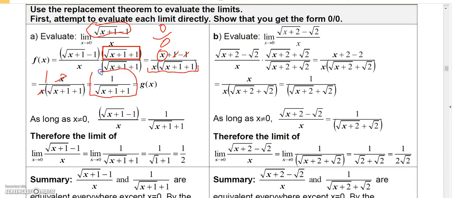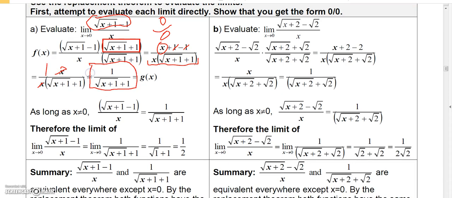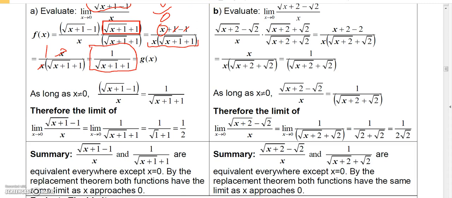So that would be my replacement function. Remember, I wanted to find the limit of this function as x approaches 0, but I saw that I could replace that limit with this function as x approaches 0, and now I can evaluate the limit of this function directly by just letting x be 0.